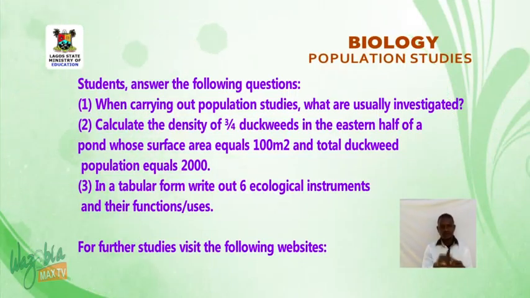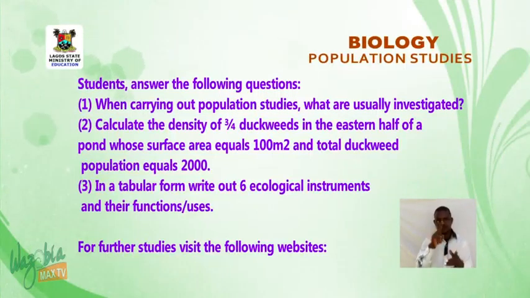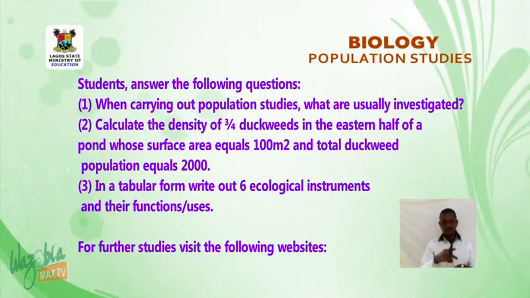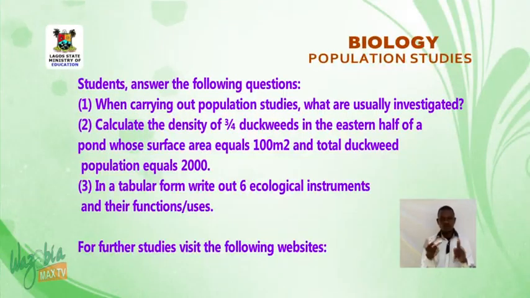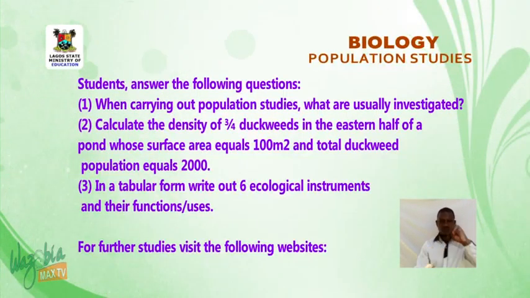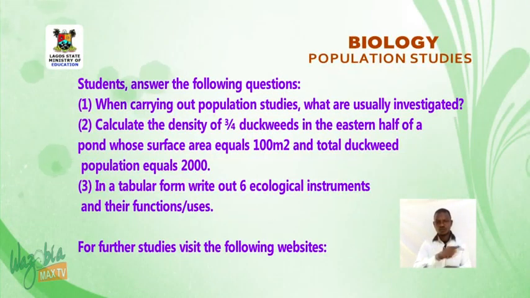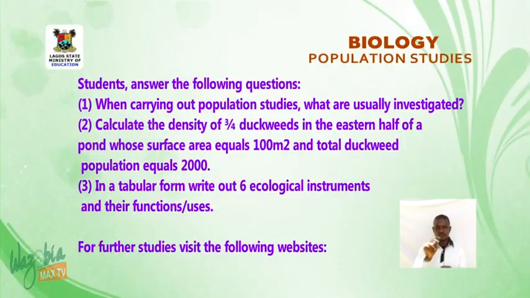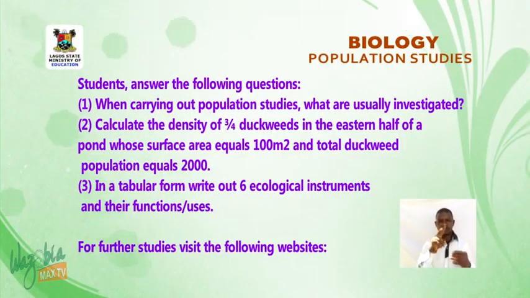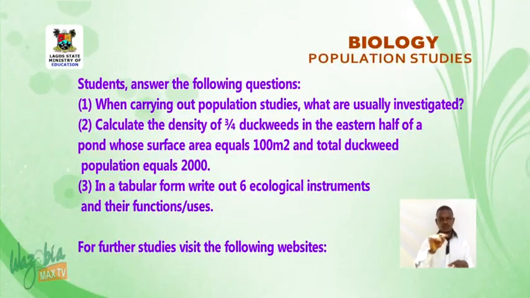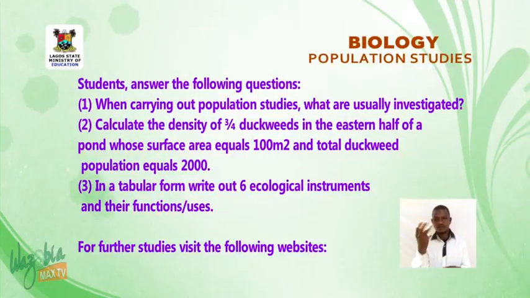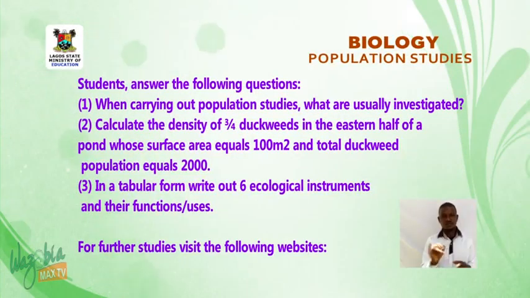When carrying out population studies, what are usually investigated? 2. Calculate the density of duckweeds in the eastern half of a pond whose total surface area equals 100 meters squared and total duckweed population equals 2,000. 3. In a tabular form, write out 6 ecological instruments and their functions or uses.